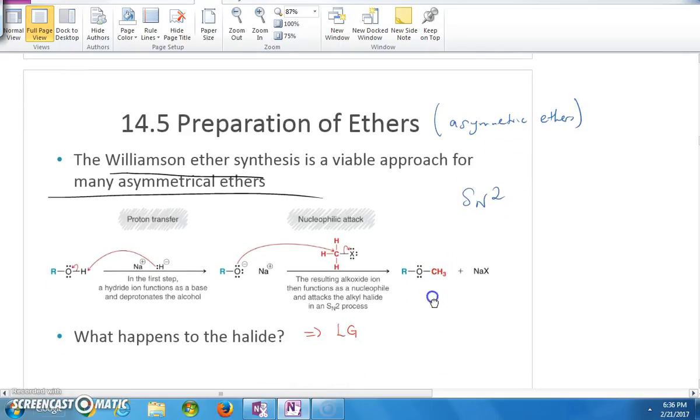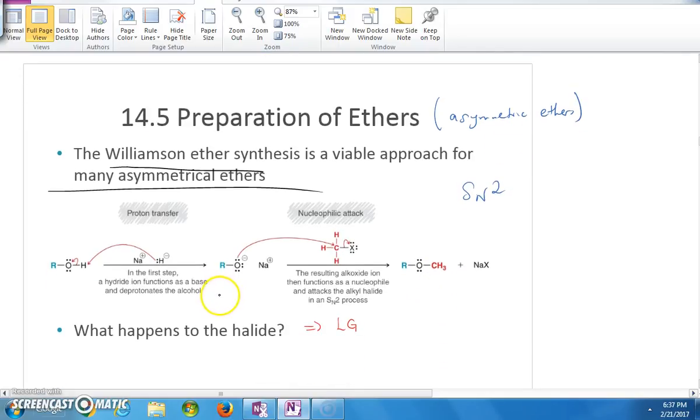So the very first thing, you want to make your nucleophile, using a base, and then you can take the nucleophile and attack the carbon, and you have the loss of the leaving group, and you have the formation of your asymmetric ether.